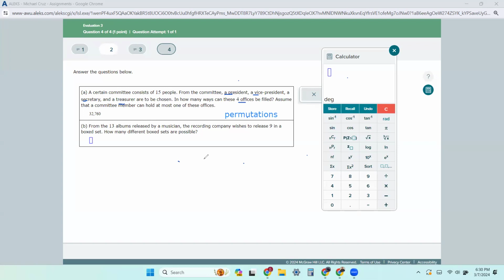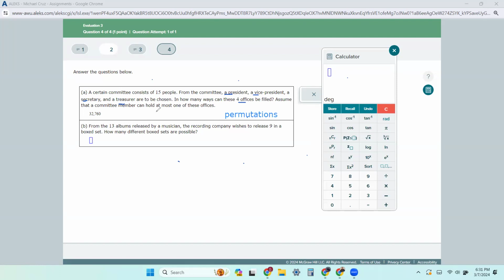Is there anything up here about the order of the songs? In other words, how you'll have on a CD, first track, second track, third track, fourth track. Do they mention anything about the order? Nope. They're just saying 9 songs. Well, actually, it's 9 albums.